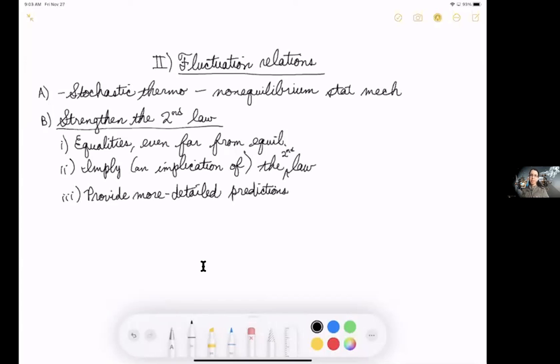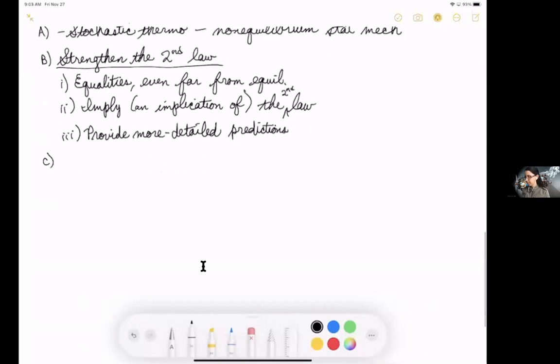Many fluctuation relations have been proved. I'll focus on 2 of them. One is Jarzynski's equality by Chris Jarzynski. Except Chris is very, very modest, so he never calls the fluctuation relation by his name.